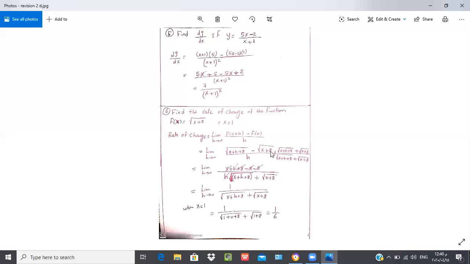So I multiply by the conjugate of the numerator up and down. It will be x plus h plus 8 minus x minus 8. 8 with 8, x with x, and still h with this h. So it will be 1 over these two roots. If x equals 1 and h tends to 0, the result will be 1 over 6.